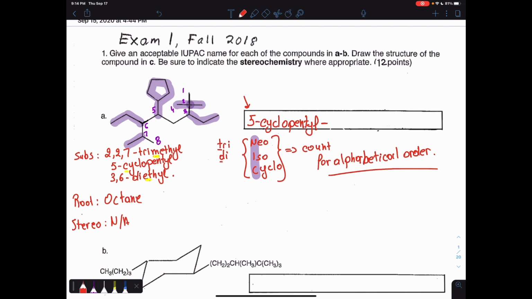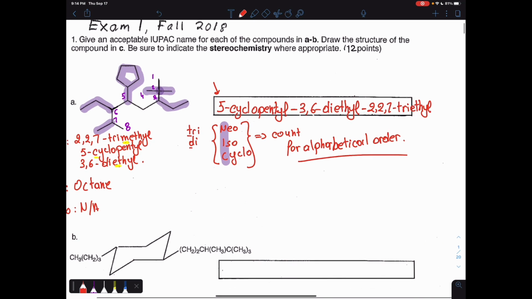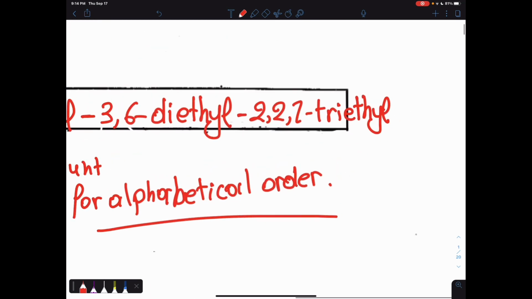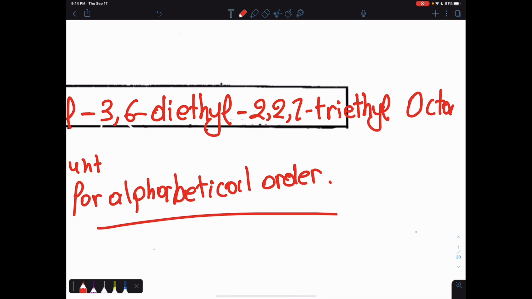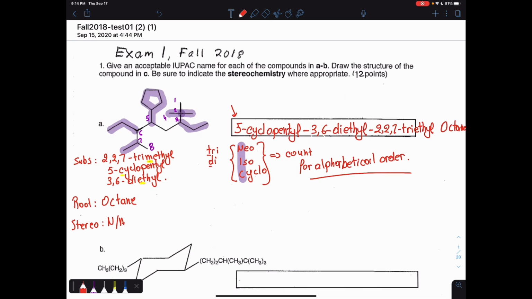It's going to be the ethyl, so 3,6-diethyl. And then lastly we're going to have 2,2,7-trimethyl. And then I do have a space, and then lastly the name of the root, so octane. So that's the whole name.